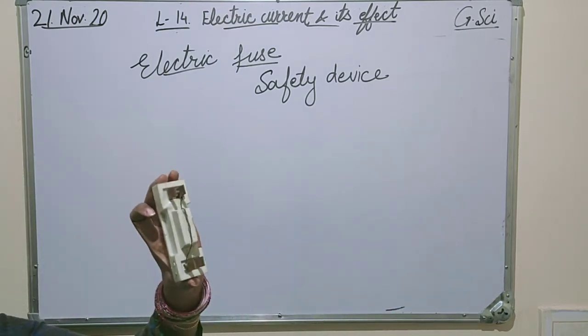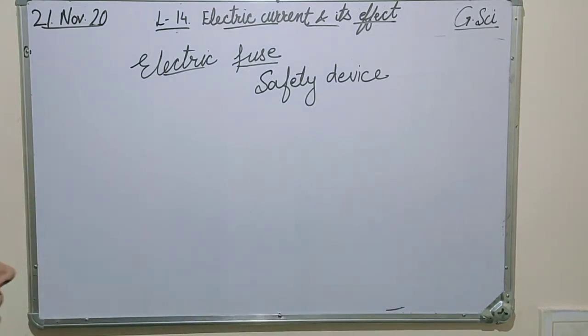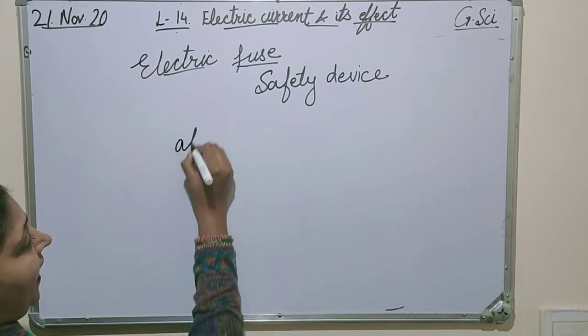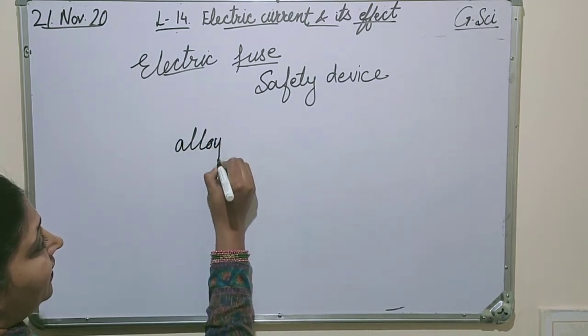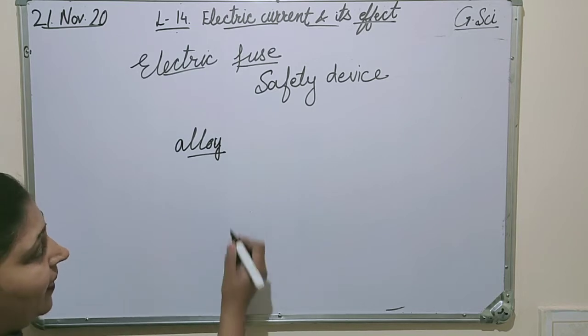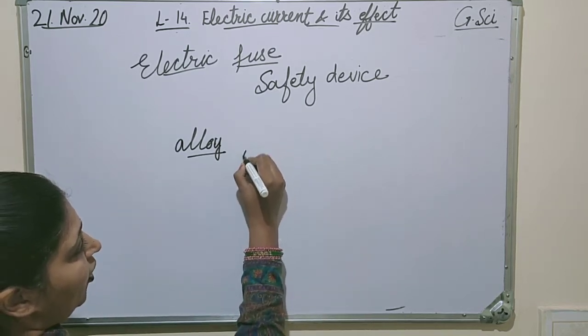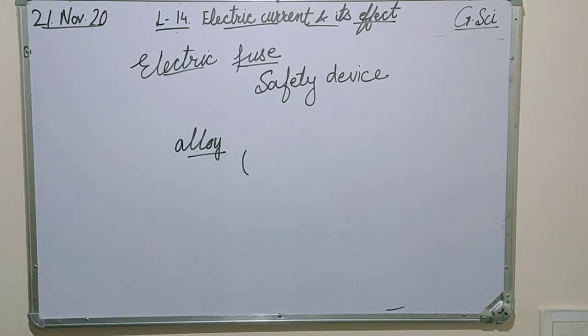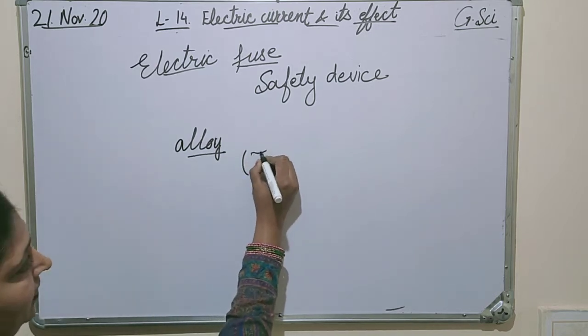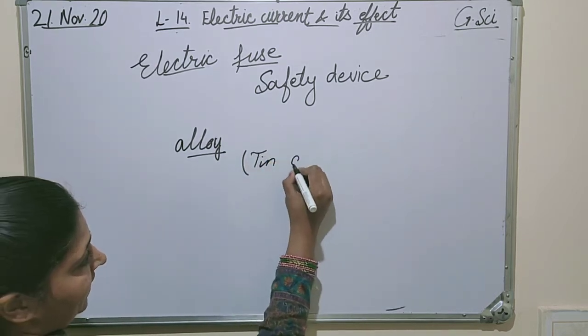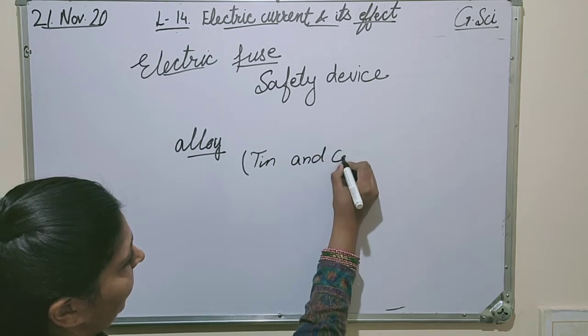And what is this wire made up of? This wire is made up of an alloy. And what is an alloy? A mixture of metals. It is an alloy of tin and copper.